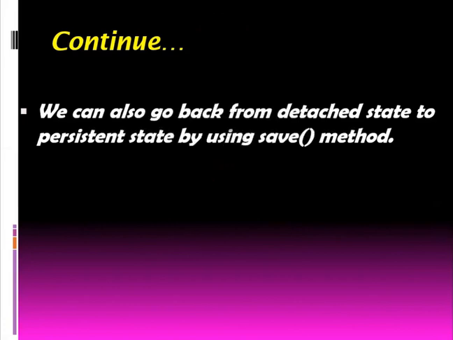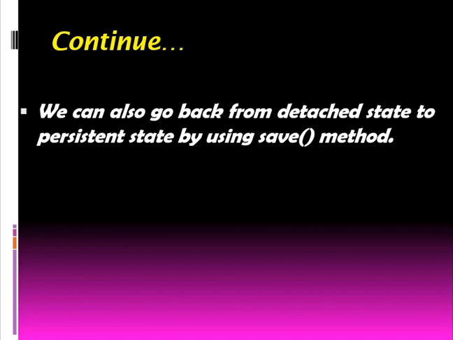Another thing is, we can also go back from the detached state to the persistent state by using the same method. Suppose from the transient state we have gone to the persistent state, and then we have detached the object. Then we can again go back from the detached state to the persistent state by using the same method.